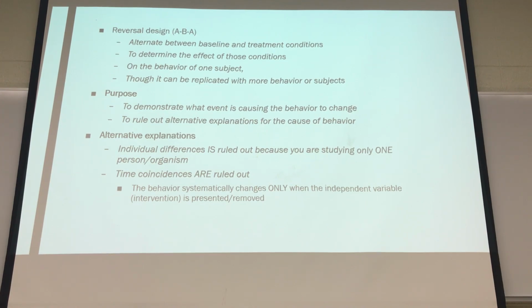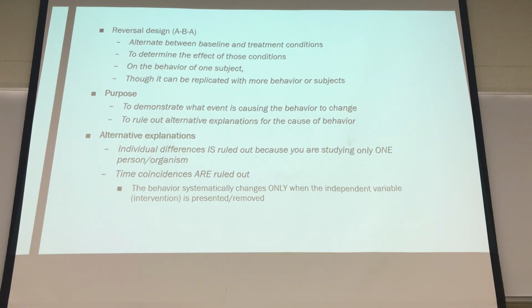Just like before, with a reversal design, we rule out individual differences because we're studying one behavior at a time, or excuse me, one person at a time. This is an entire experiment conducted with one person. So we rule out individual differences.